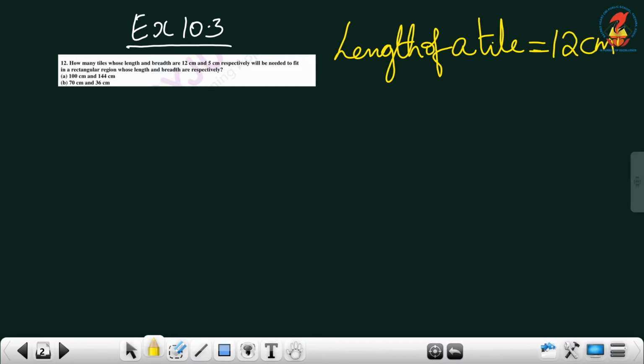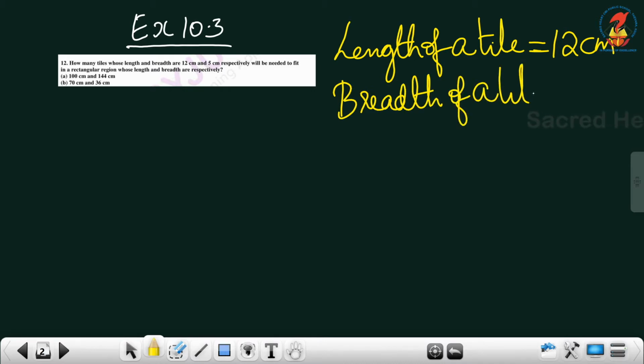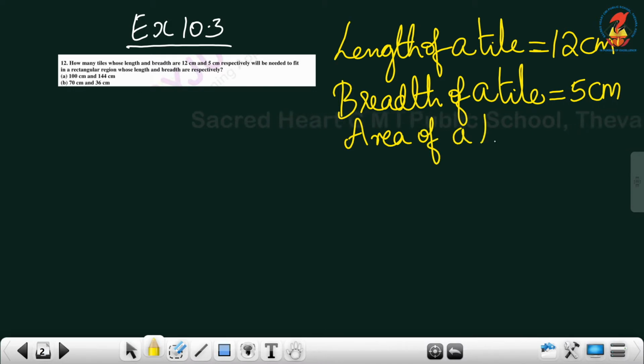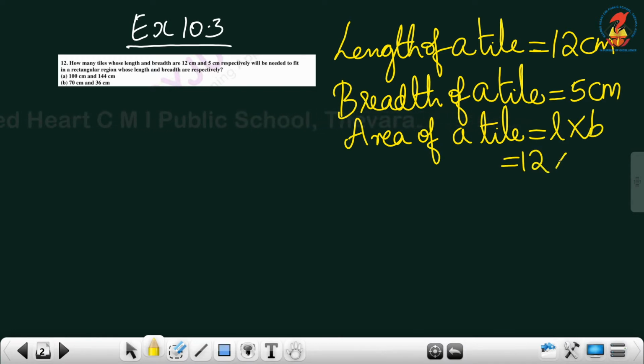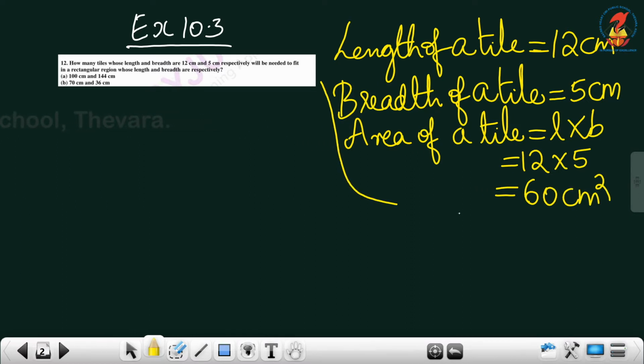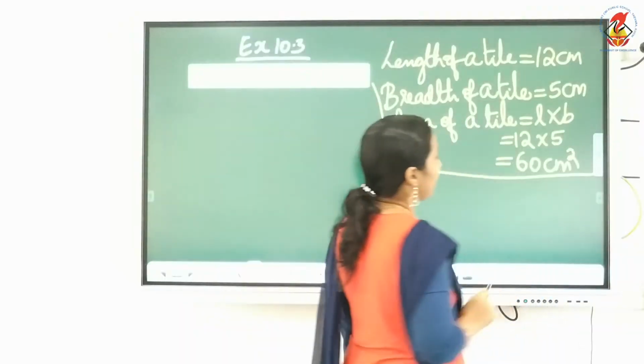The breadth of a tile is 5 centimeter. If you know the length and breadth, easily you can find the area of a tile. Area of a tile is equal to length into breadth. 12 into 5 is equal to 60 centimeter square. So this is the area of the tile.